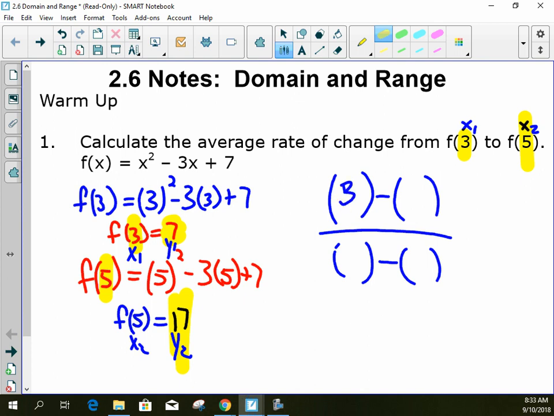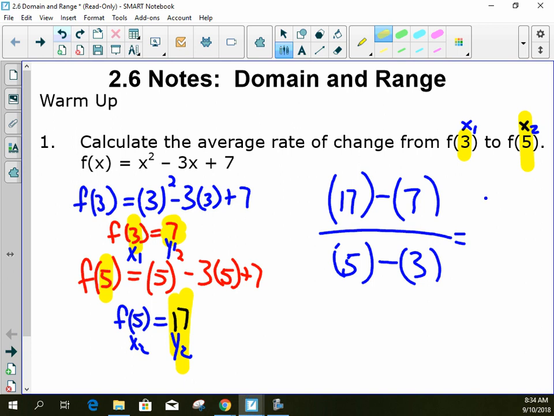x1 is 3. Sorry, I don't want x1 there, do I? I want y2, don't I? y2 is 17. y1 is 7. x2 is 5. x1 is 3.